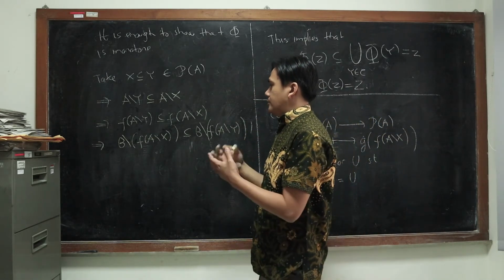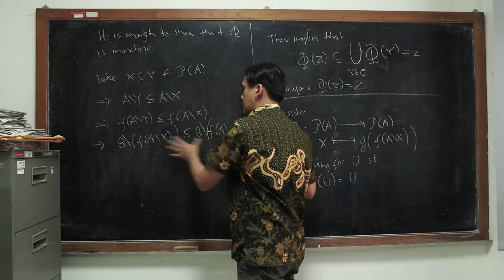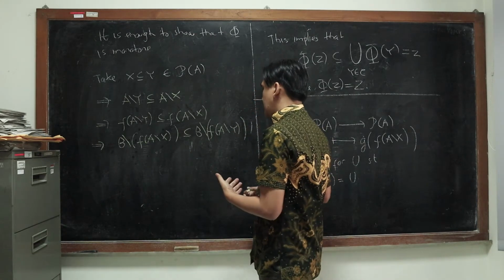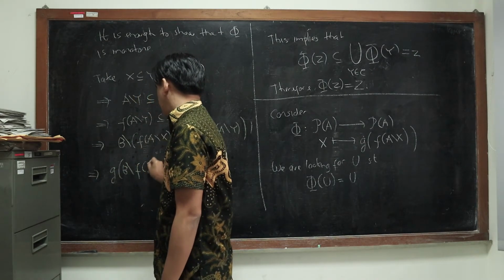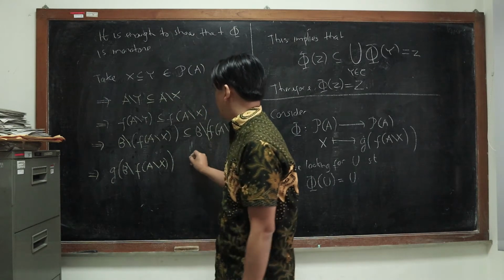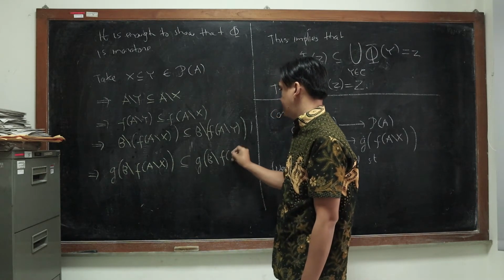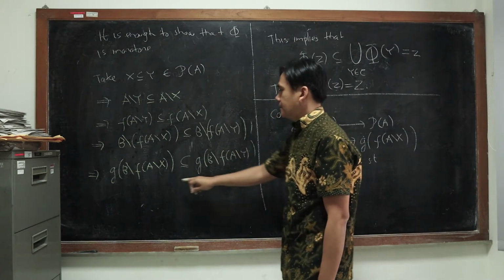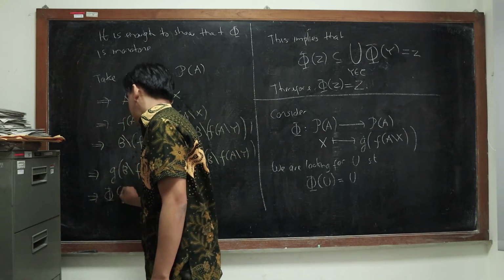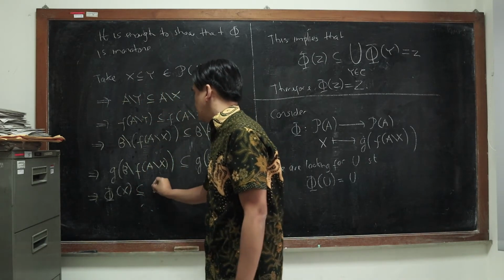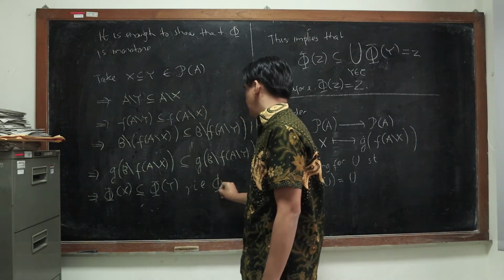Now we use the G map from B to A. These two are subsets of B, and hence G of this thing is smaller than G of the right hand side. But this is the definition of phi of X. So phi of X is contained in phi of Y, i.e. phi is monotone.